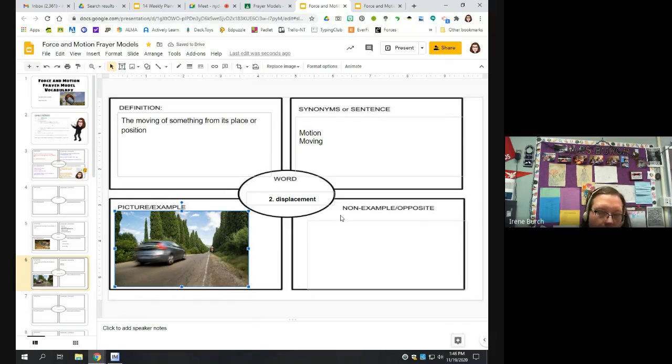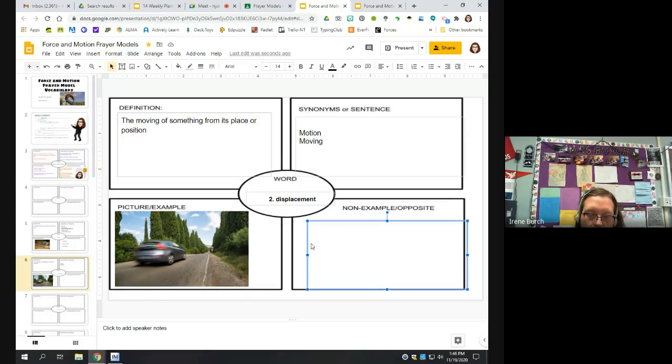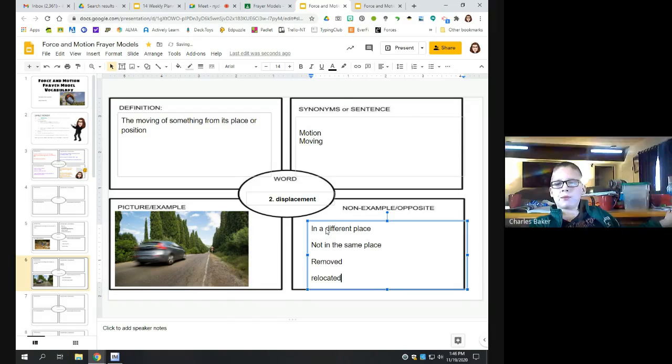You're being displaced. When you guys go on vacation, you are displaced. So in a different place, not in the same place. Like the root word of this is place or placement, right? Removed, relocated. Those would all work as synonyms.